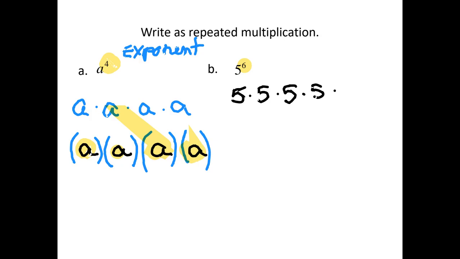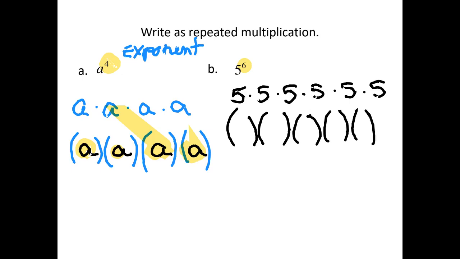Or again, I can create 6 parentheses. And inside each parentheses, I put the number 5. Now this is what it means when you write as repeated multiplication.